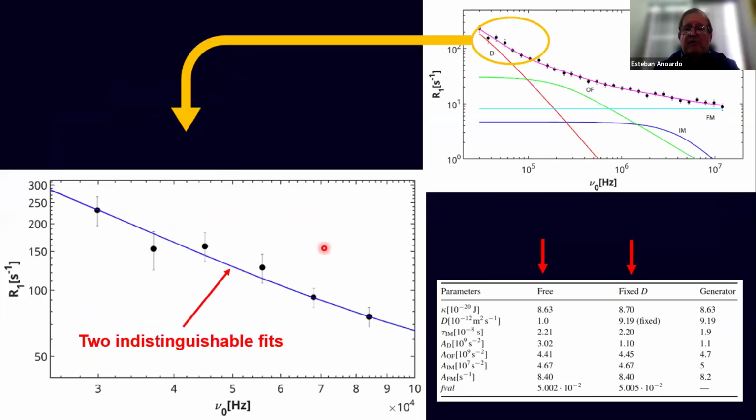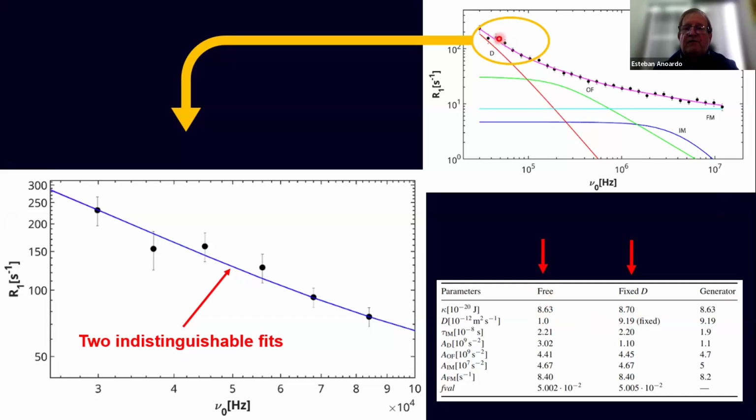So now, if we compare two fittings, here we fix the diffusion constant, and here it is free. Okay. And we see that there is one order of magnitude of difference between them.